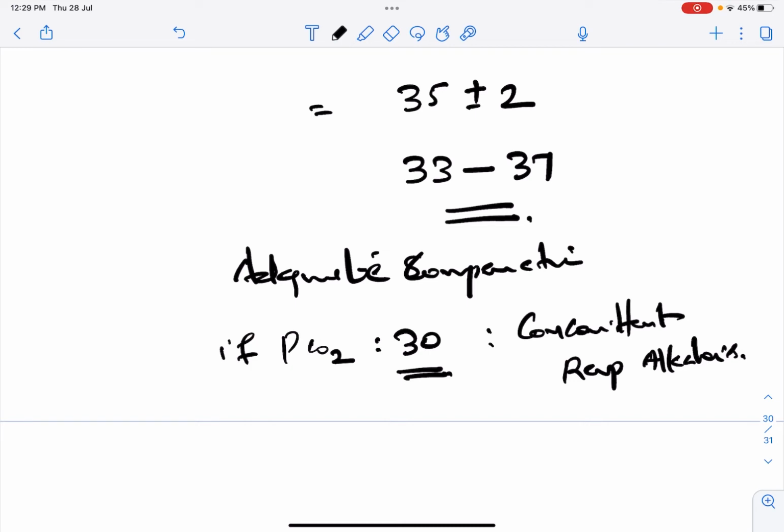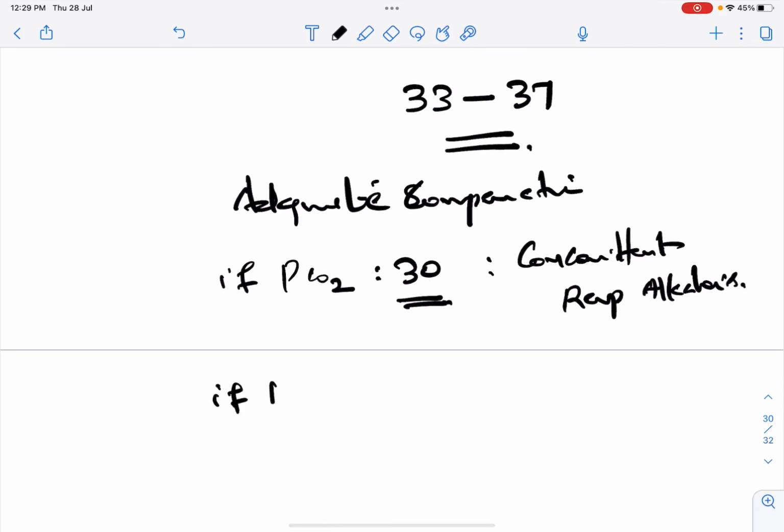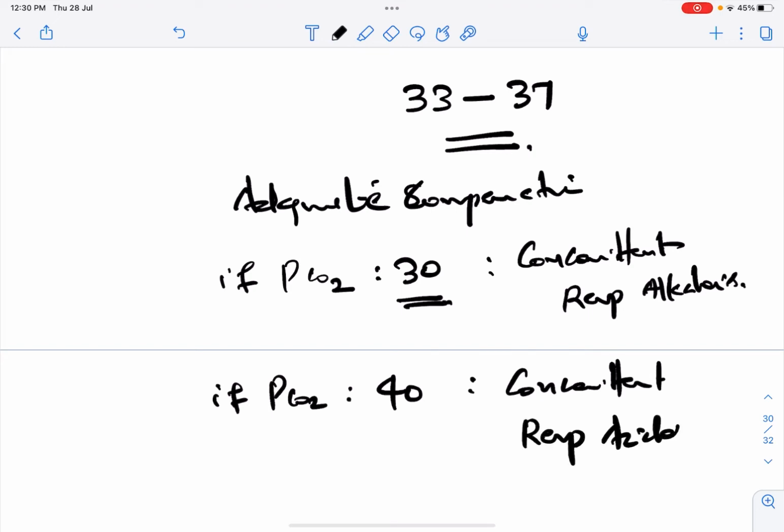That is the correct term to explain this condition. And what if the PCO2 is 40? Our expected range is 33 to 37, but here the PCO2 is 40. Don't use the term overcorrected. Instead, it is metabolic acidosis with concomitant respiratory acidosis. That is the correct terminology.